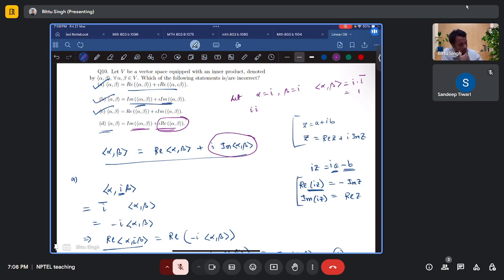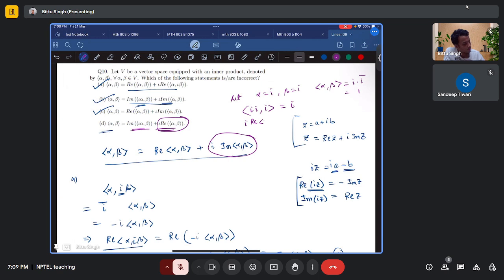This is I comma I times I comma I, which is minus 1 times minus I plus I, and similarly I times real alpha beta. So it is imaginary.